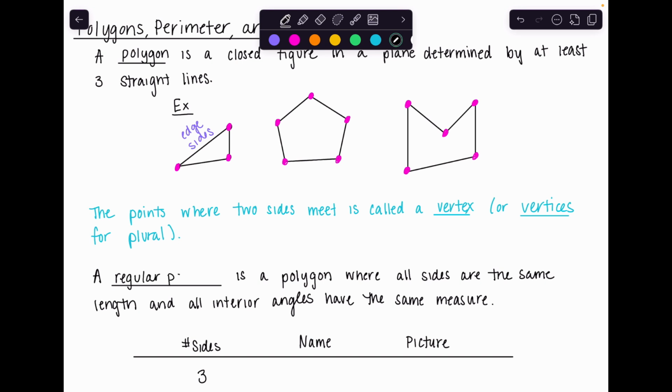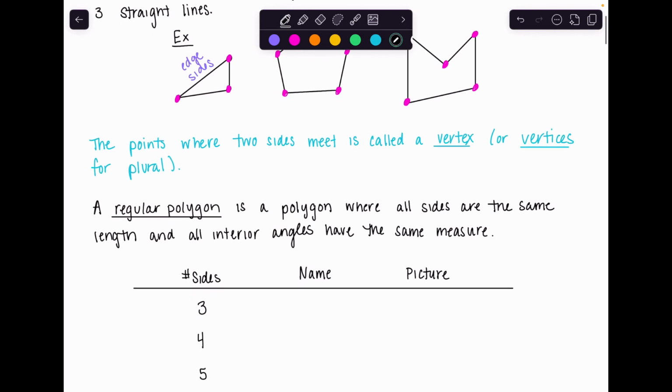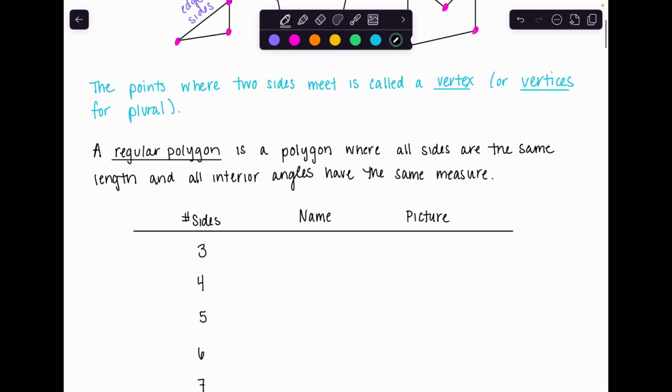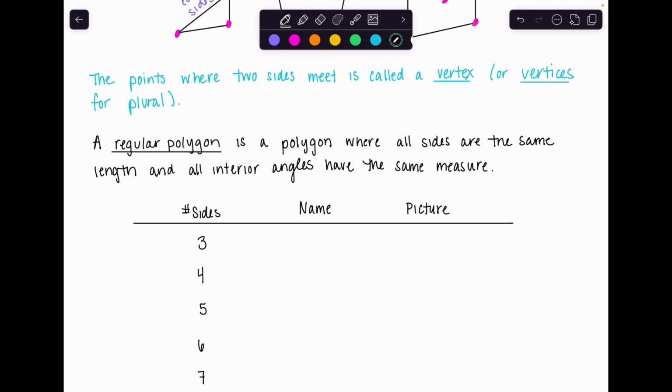So a regular polygon is a polygon where all the sides are the same length and all of those interior angles have exactly the same measure. Now, the number of sides will determine the name of that particular shape. For some of these, not every single number will go through the name, and when I can, I'll draw a nice picture for it, but some of them are a little bit hard to do.